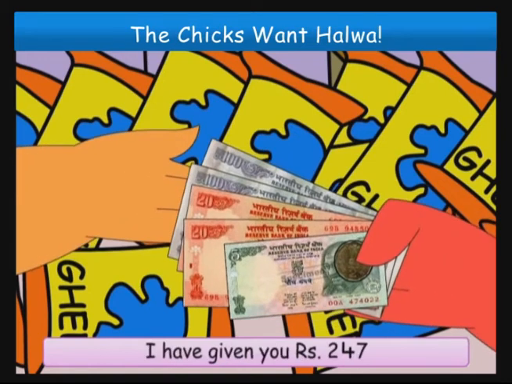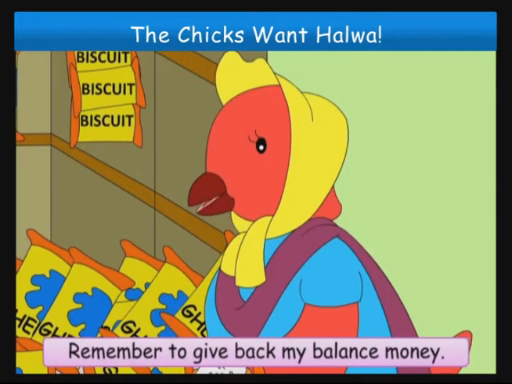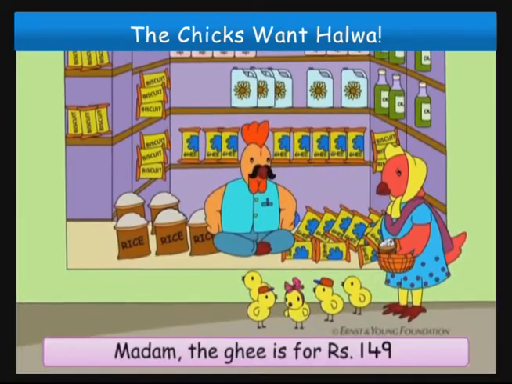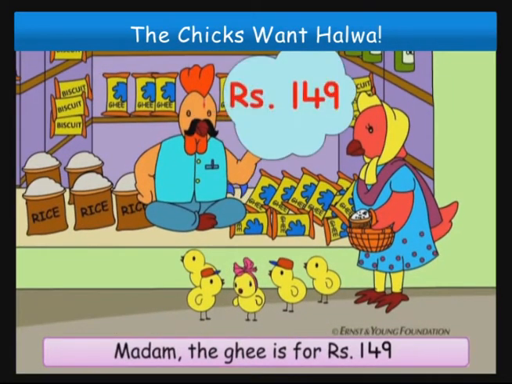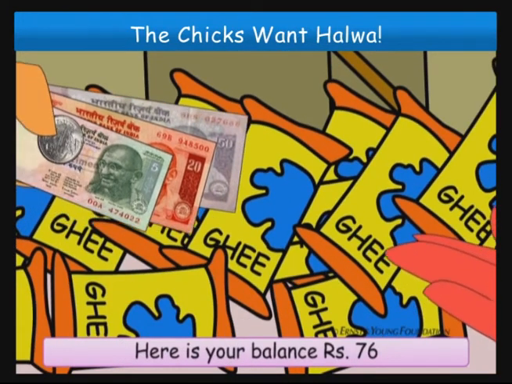I have given you 247 rupees. How much is the ghee for? Remember to give back my balance money. Madam, the ghee is for 149 rupees. Here is your balance 76 rupees.